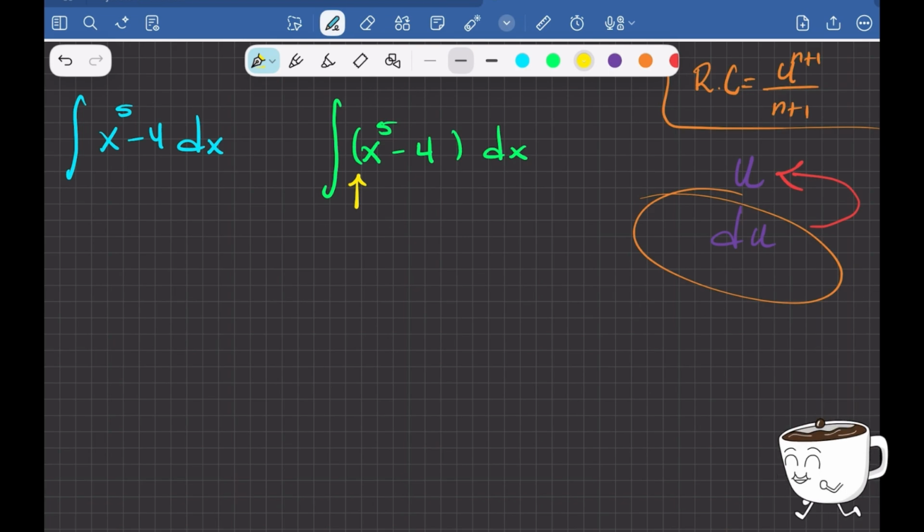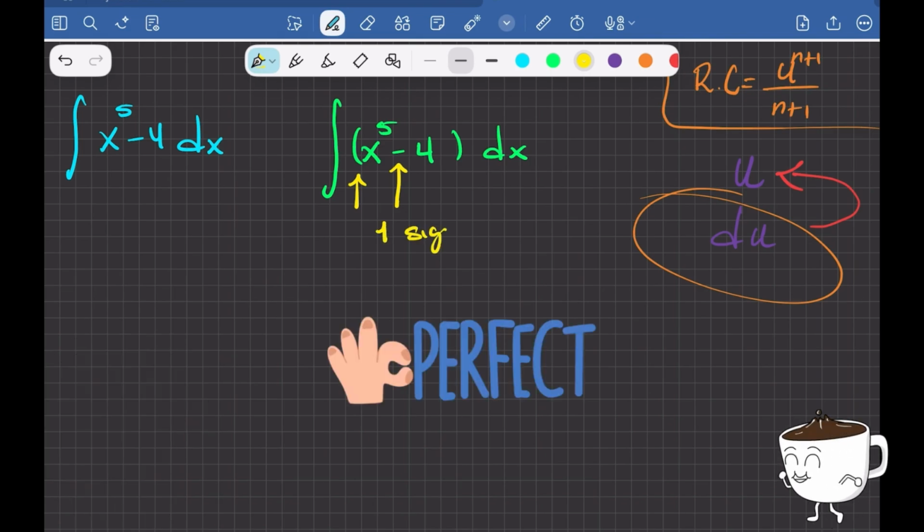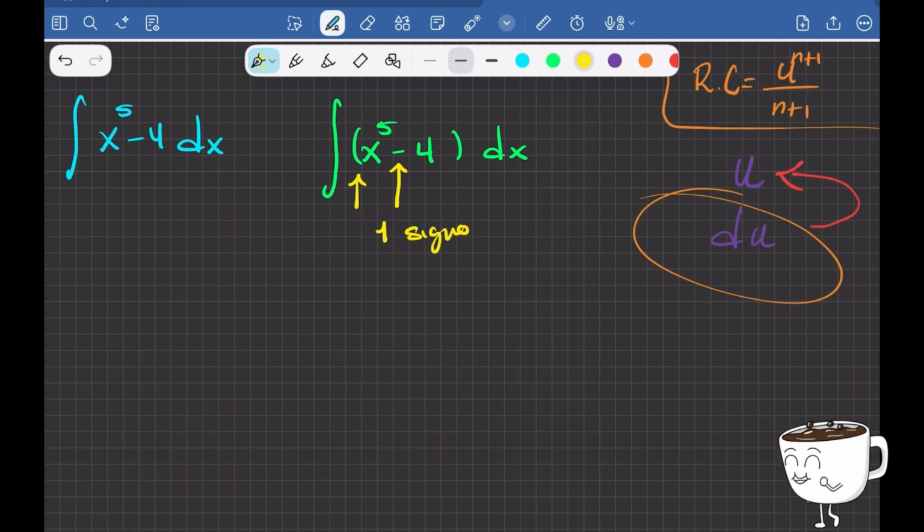The number of plus or minus signs we have tells us. In this case, we have only one sign, this minus. This sign indicates that, with the rules of integrals, it is possible to separate this integral, turn it into two, and integrate separately.